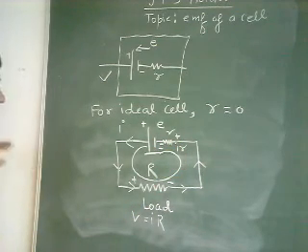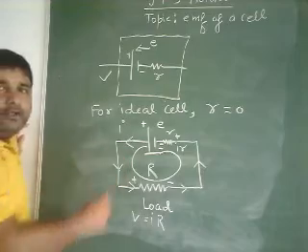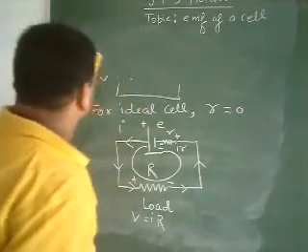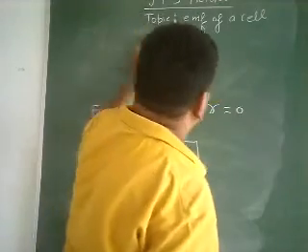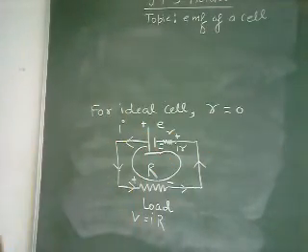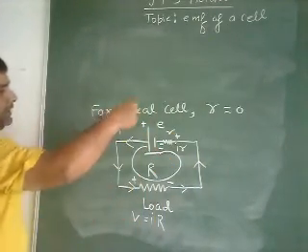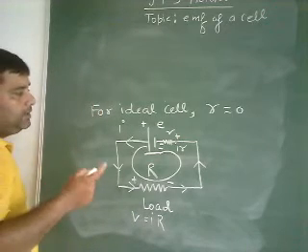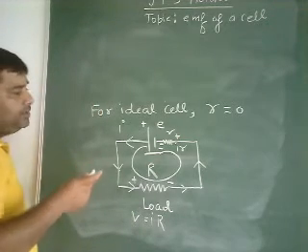Using KVL, the sum of all the potential drops in a closed loop is 0.